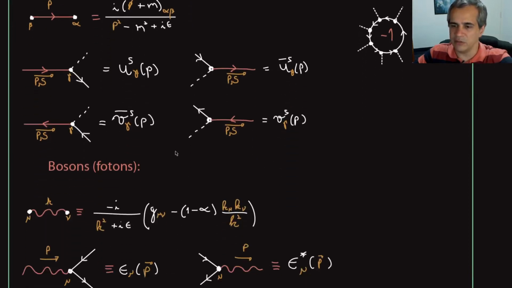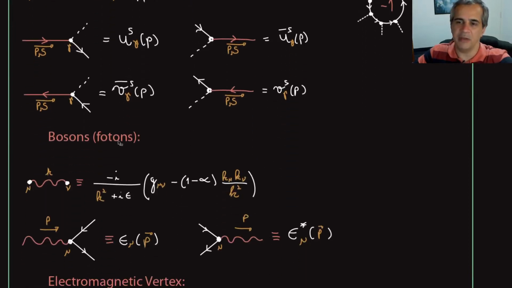For bosons, there's a similar thing. We have already also quantized a gauge theory, and showed that this is the photon propagator. Of course, it depends on the gauge you choose. Normally, you choose it according to convenience, which is almost always choosing alpha equal to 1, because you see this becomes a lot simpler, especially if you have to integrate over momenta later.